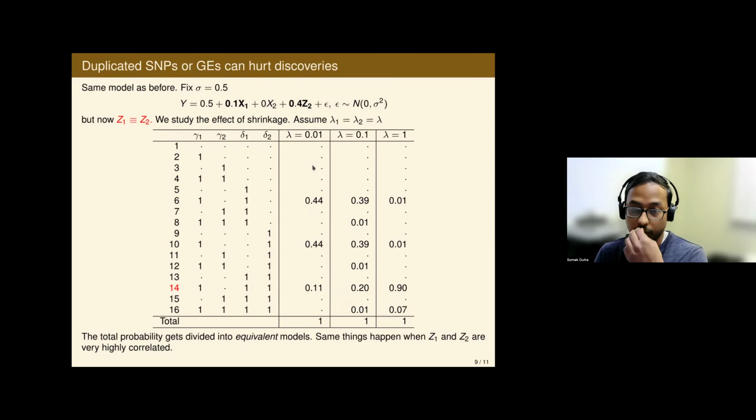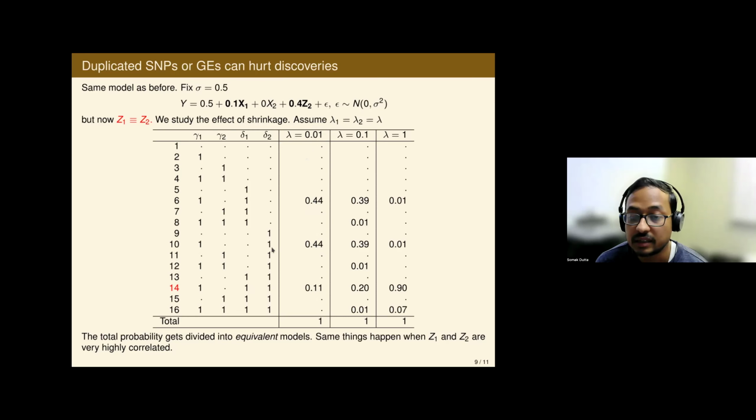Okay, so if we use small shrinkage, so let's say lambda is 0.01, it puts most of the posterior mass divided between two models. Which are the models? This particular model says, well, the first SNP is important. Both of them have the first SNP important, right?